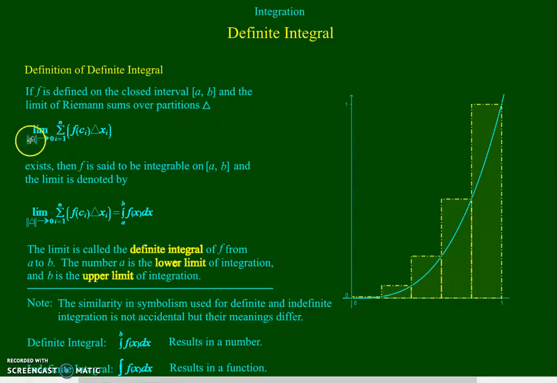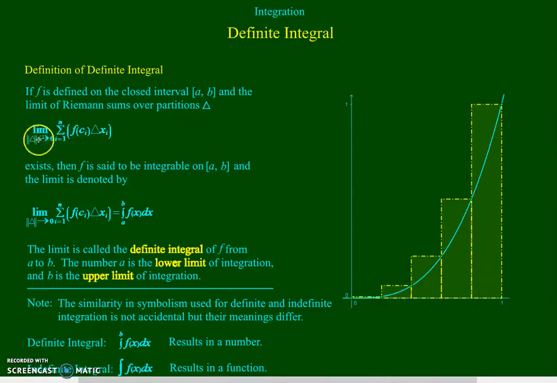Now remember, the norm of the partition was the width of the largest subinterval, and when the width of the largest subinterval approaches 0, in essence, you're driving the number of subintervals to infinity. So it's accomplishing the same exact thing.